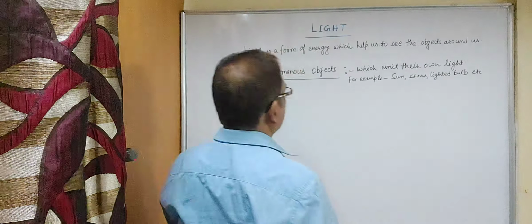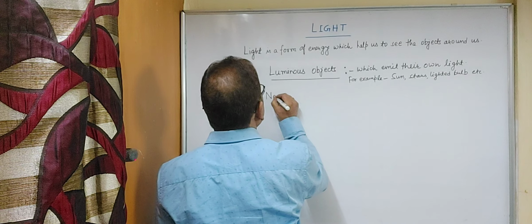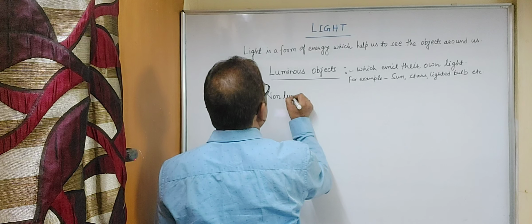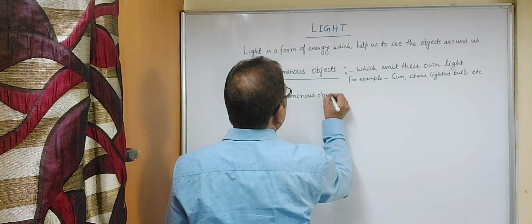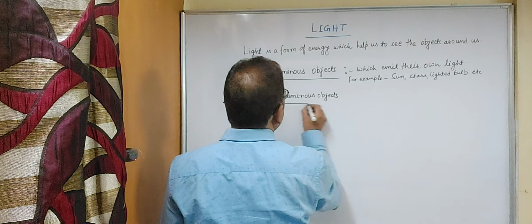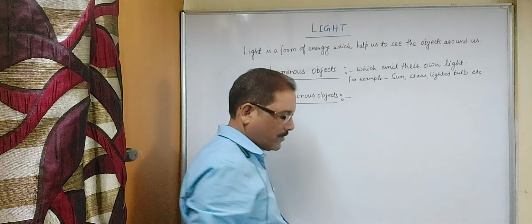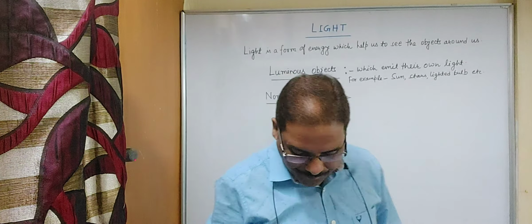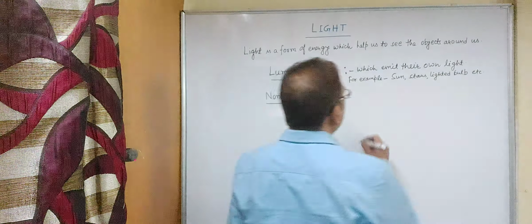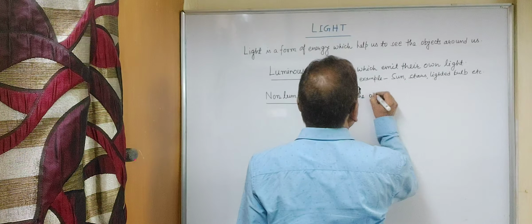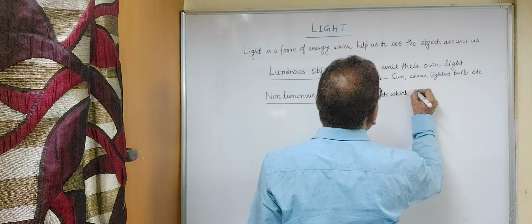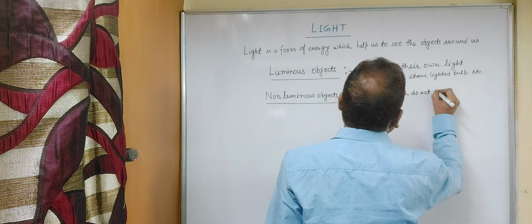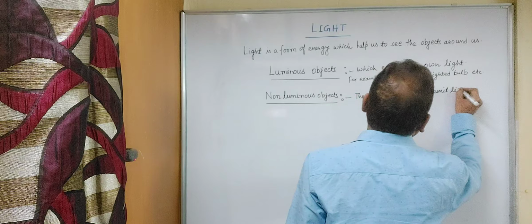Then non-luminous objects. So just the opposite of it, isn't it? Non-luminous objects are the objects which do not emit light.